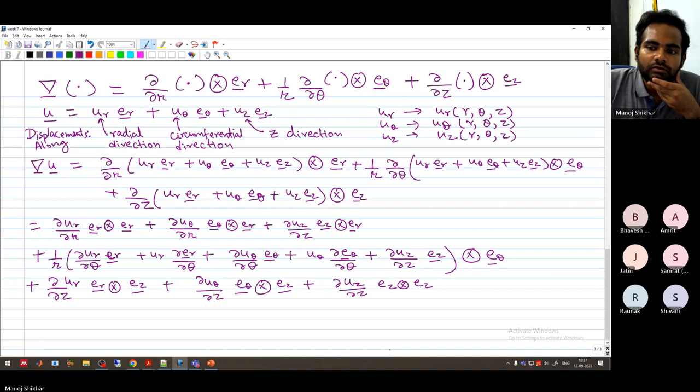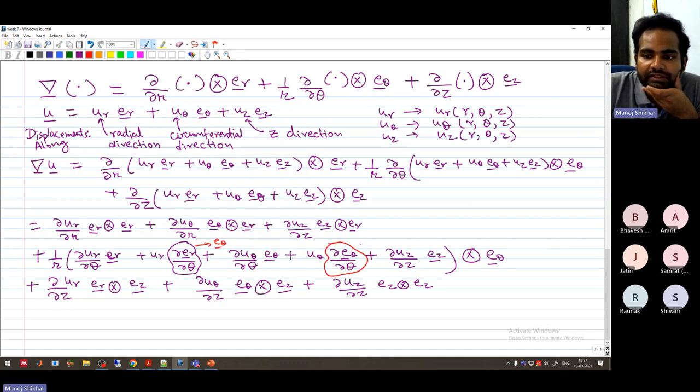Okay. So we can replace this by E theta. This can be replaced by E theta. And this can be replaced by minus ER. So basically, now we have all the terms of this tensor, and we can write this in a matrix form.